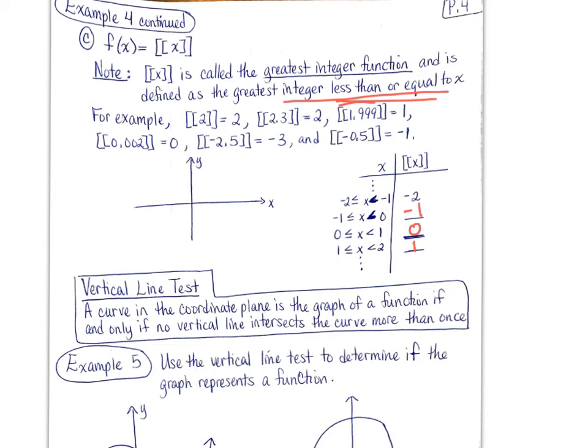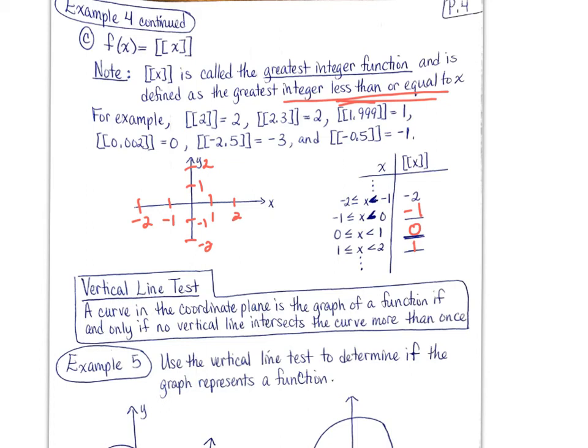So notice that when we graph this, we should have a closed circle at negative 2, and an open circle at negative 1, when x is between negative 2 and negative 1. Graphically, let's graph 1, 2, negative 1, negative 2 on both axes.